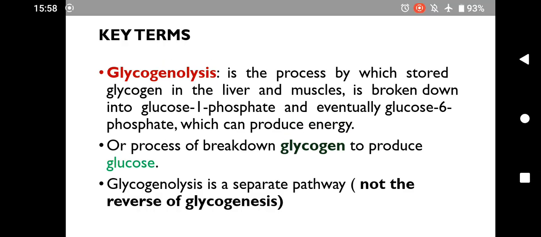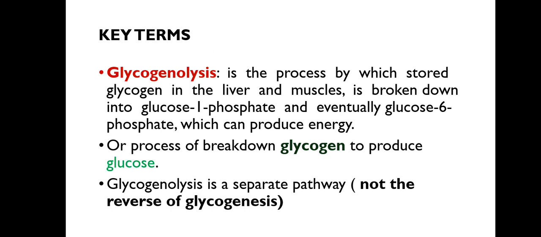So, looking at the key terms, we have to define this officially, and we're saying that glycogenolysis is a process by which stored glycogen in the liver and in the muscles is broken down into what we call glucose 1-phosphate and eventually glucose 6-phosphate, which can produce energy.